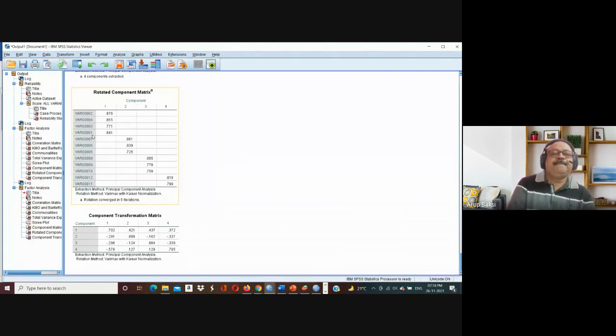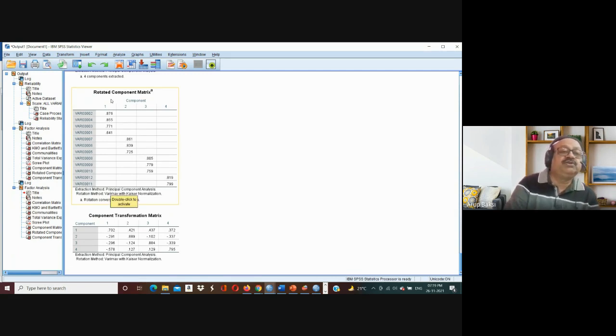But you see, after the factor analysis is conducted, probably there can be realignment of variables across these different factors or components. Here it has become quite predictable and almost an ideal case: 1 2 3 4 in 1, then 5 6 7 in 2, and then 8 9 10 over 3, and 11 12.